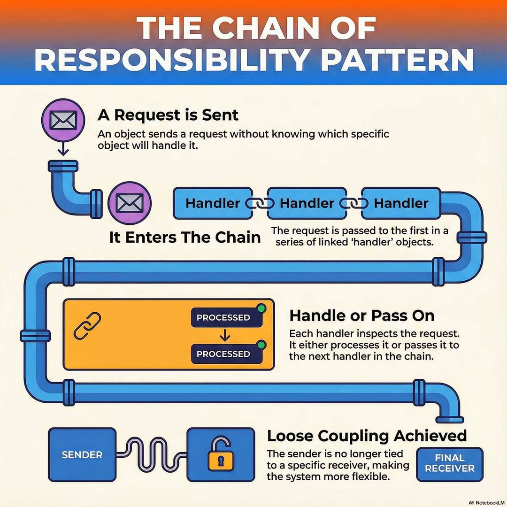The sender just fires it off and washes its hands of it. It doesn't need to know who's going to catch it. And second, it gives the system incredible flexibility at runtime. Any one of several receivers could potentially handle that request, depending on what's happening in the system right at that moment. And that loose coupling, that's really the gold standard in modern software, isn't it? It means your system is flexible. You can make changes without breaking everything.